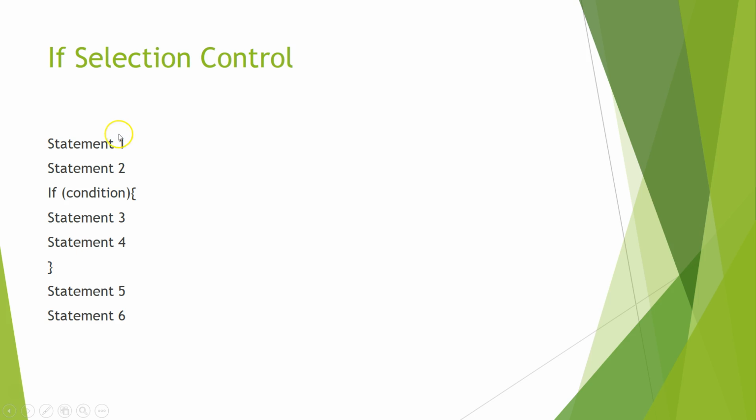So we guarantee that statement 1 and statement 2 will be executed, and then the program will stop here and evaluate whether this condition is true or false. If it is true, it will execute statement 3 and statement 4 and then continue the entire program, statement 5 and statement 6. If it's not true, the program will skip all this body and continue executing statement 5 and statement 6.